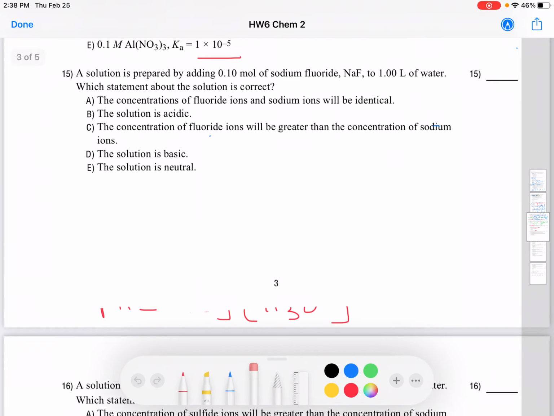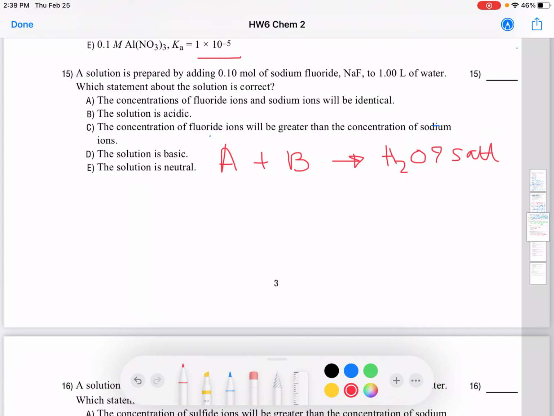Now, the rest of the questions talk mainly about what happens if you have a salt. A salt is what you make when you add an acid and a base. Remember the acid-base reaction, which you learned a long time ago: an acid plus a base makes water and a salt. The acid could be strong or weak, and the base could also be strong or weak.